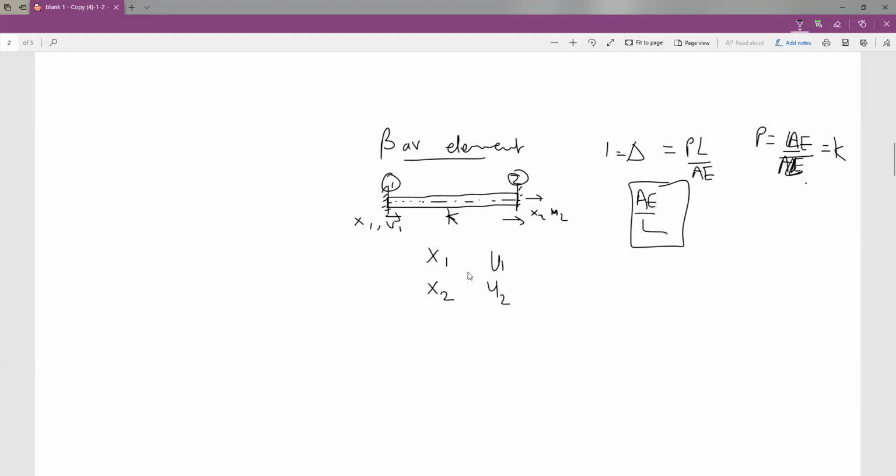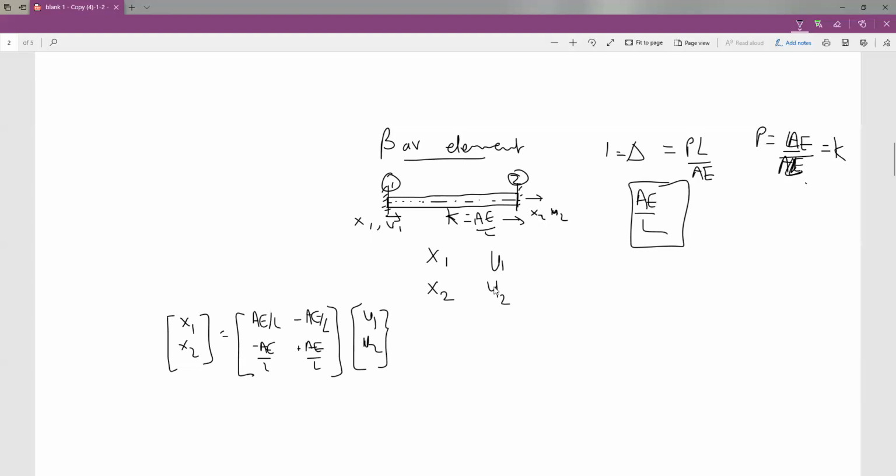And when we write the force and deformation formula, we can still use AE by L in that formula. So we will be able to obtain x1, x2. Instead of K, we are writing AE by L, minus AE by L, minus AE by L, plus AE by L. And on the right hand side, we have U1, U2.